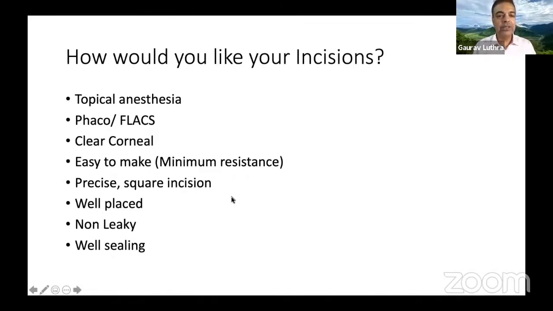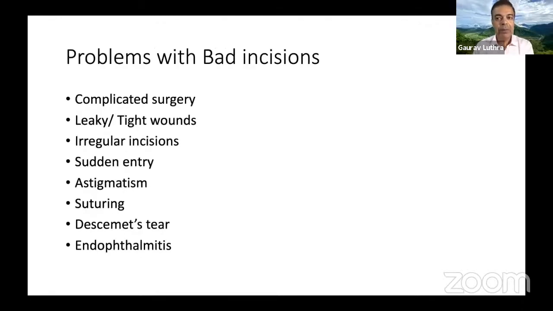So ideally, good incisions would be easy to make with minimum resistance. Precise, it should be a square incision, well placed, non-leaky, well sealing. Now, problems with bad incisions, I cut short these slides because Kamal spoke so well about all the possible complications you can have.